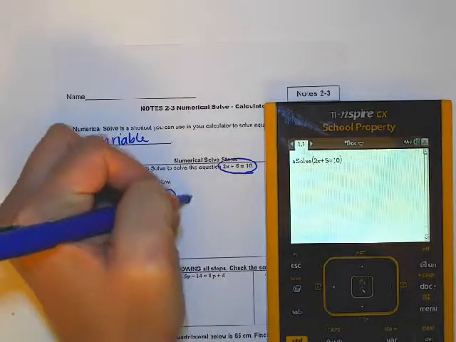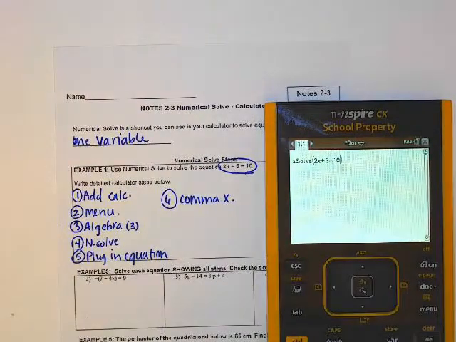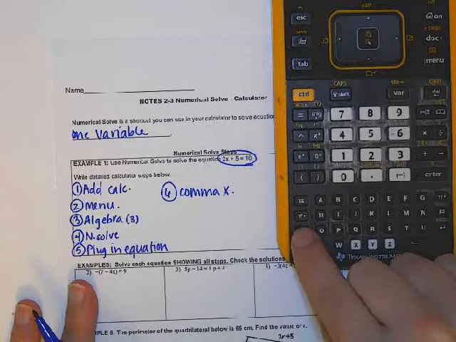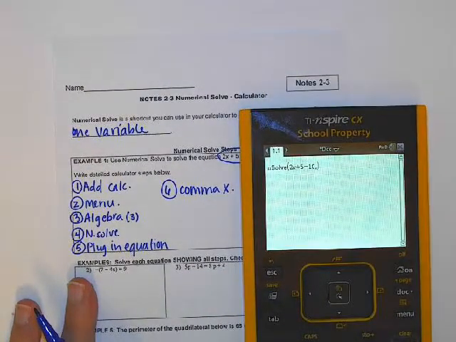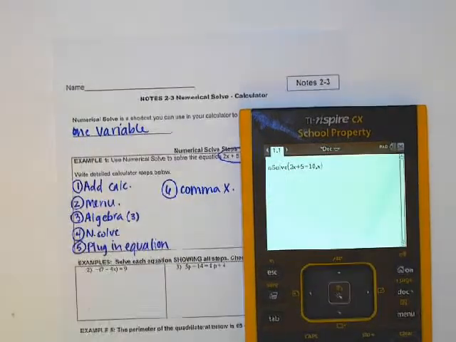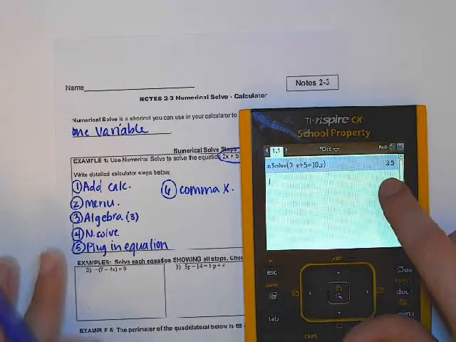Comma x. So comma, which is way down here under the pi, hit comma, and then your x at the bottom. Or whatever letter you're using. If you're using P, then you do comma P. If you're using T, comma T. Whatever letter. Okay? Then hit enter, and it solves it for you.